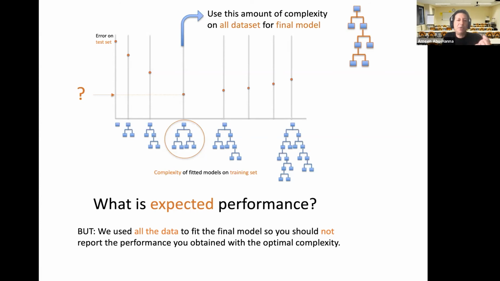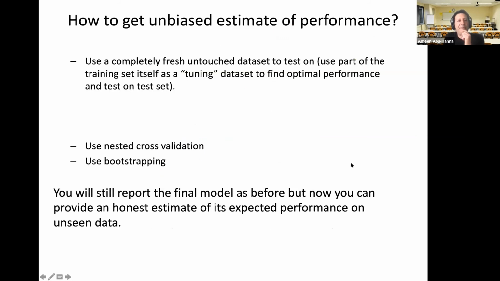It's a subtle point, but it just means that if you want to find the best complexity, you can use these measures, whatever, to hit where the complexity is, that's fine. And you can use this complexity to go back to your whole data set and fit it. You sell me the model, but you didn't sell me the label of how good it is yet. And you are not allowed to use this value that you found here. So we have a little dilemma here. How to get unbiased estimates of performance.